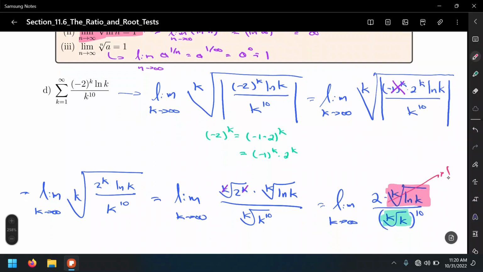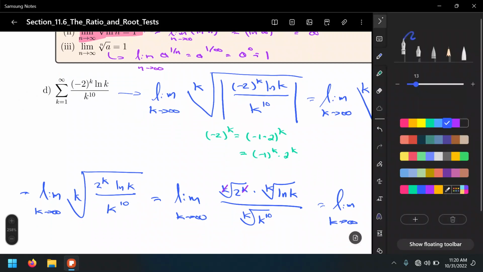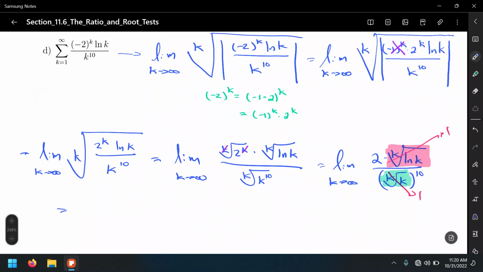This limit will go to 1, this limit will go to 1, and that's going to leave us with 2 times 1 divided by 1 to the 10th power. Well, 2 times 1 is 2, 1 to the 10th power is 1, and the limit is 2.